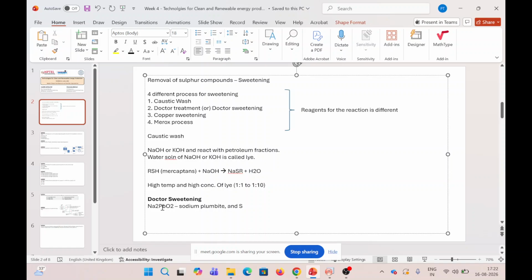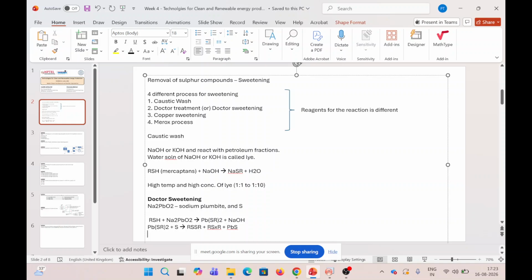So again the reaction goes same. So here we take mercaptan as one of the major sulfur based compound in the petroleum fraction, and we are going to make that react with Na2PbO2, which will give Pb(SR)2 plus NaOH, and then this Pb(SR)2 can actually react with the sulfur, resulting in the formation of RSSR plus PbS.